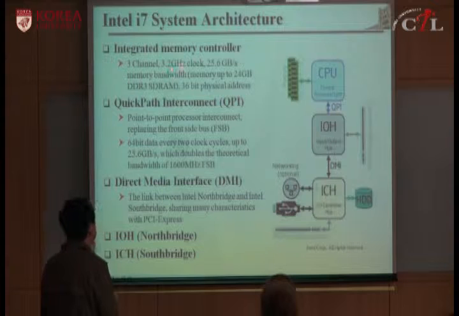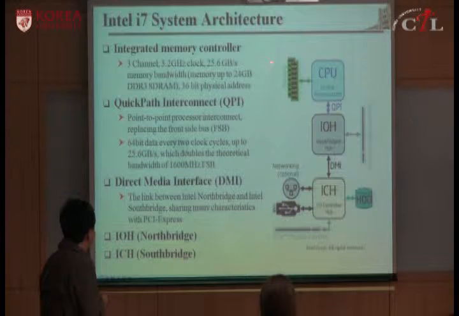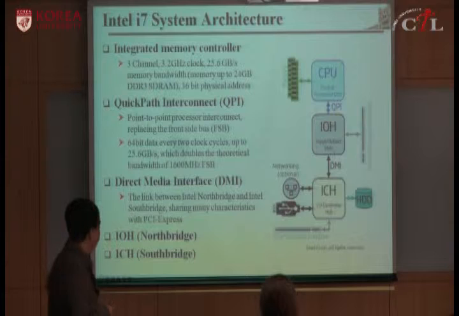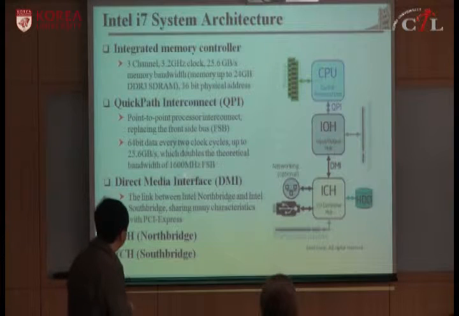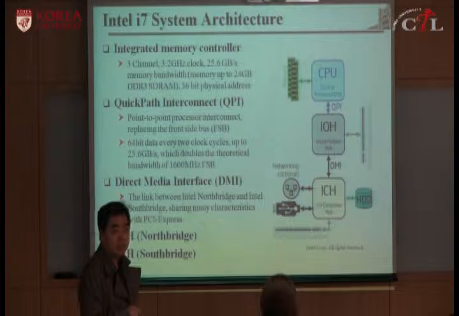So 3.2 gigahertz times 8 bytes gives you 25.6 gigabytes per second, which is much faster than before. Traditionally, the maximum front-side bus that they could implement was 1.6 gigahertz. This is actually now 1.6 gigahertz.